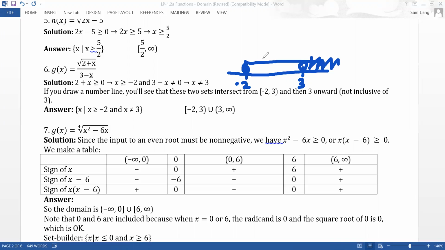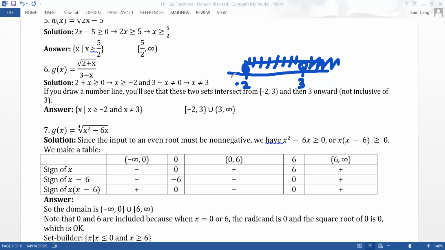Oh, sorry. I forgot to shade this part. So for not equal to 3, that includes this side as well. But after that, -2 doesn't get quote unquote covered there. So we're not going to have answers in that part.